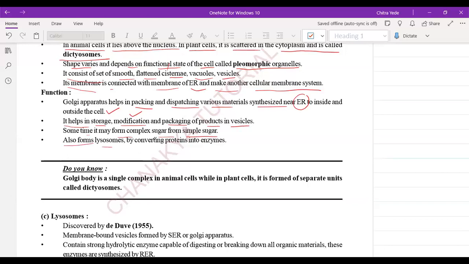It also forms lysosomes by converting protein into enzyme and packing it inside a body called lysosomes. The Golgi body is a single complex in animal cells, while in plant cells it forms separate units called dictyosomes. We have already gone through that.